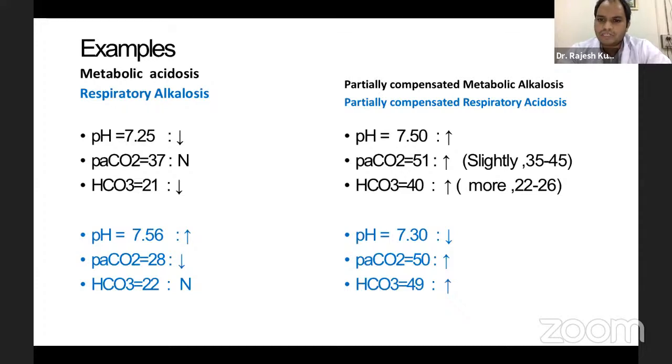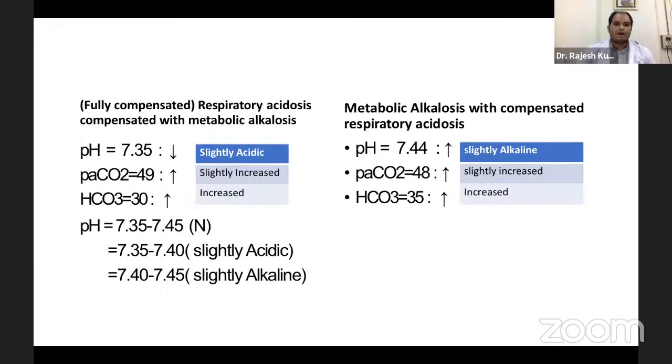Now pH is 7.3, acidosis. PCO2 is 50, which means a respiratory cause. Bicarb is increasing, which means compensation: partially compensated respiratory acidosis. Respiratory acidosis with metabolic compensation, partial compensation. Now coming to fully compensated respiratory acidosis.